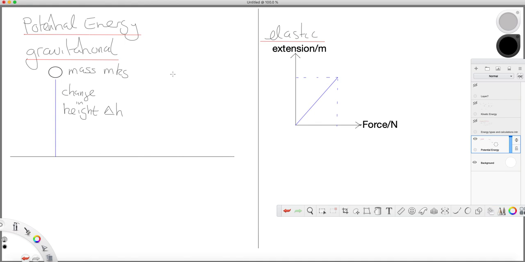And let's say that the gravity is, that's in kilograms of course, that's in meters, gravity is g, meters per second squared, or newtons per kilogram.